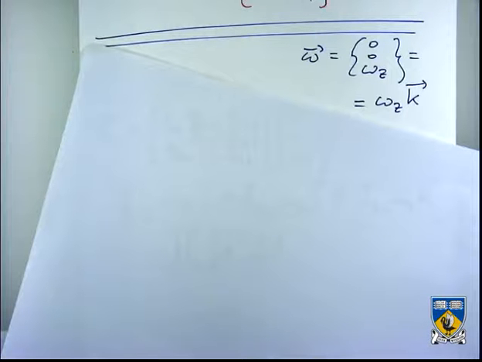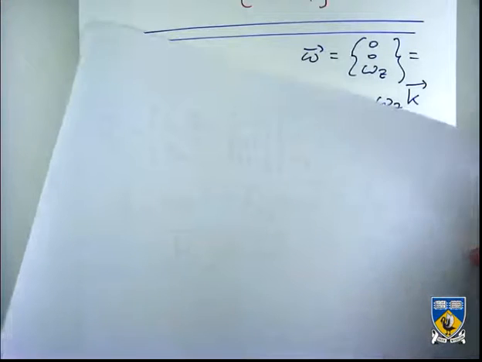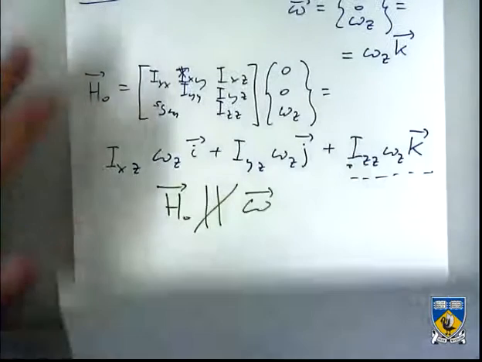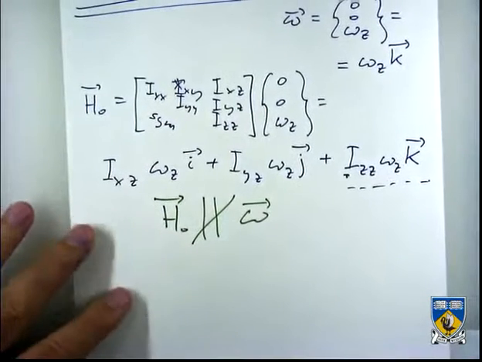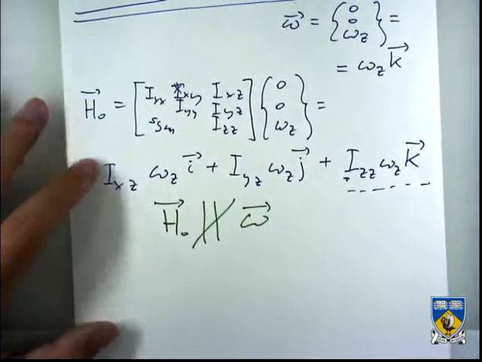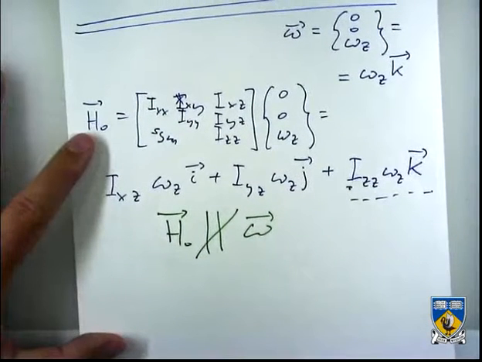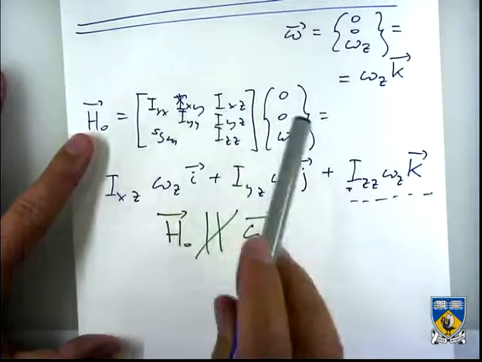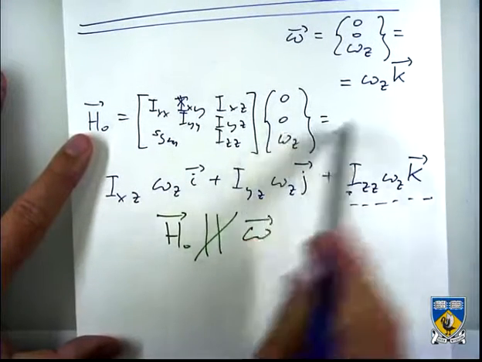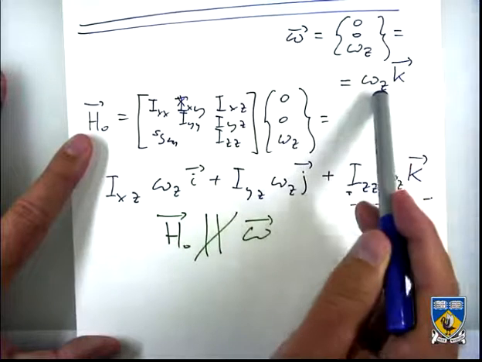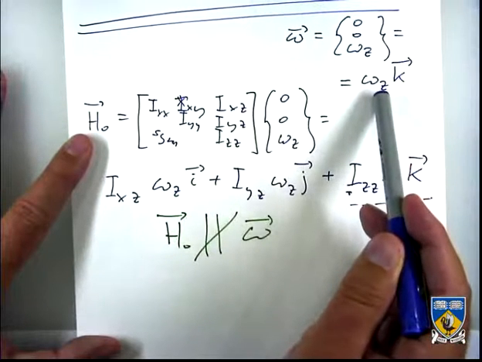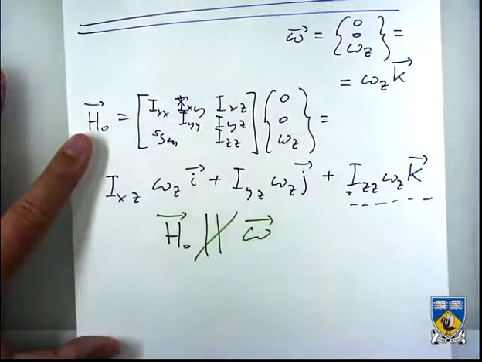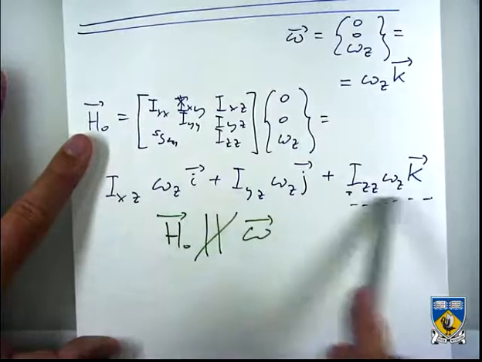But now we will be rotating the body which is not symmetric, but still around the fixed axis. So this is what we are getting. This is the equation for our angular momentum: inertia matrix times angular velocity, which is very simple because it's the fixed axis. And if we do the multiplication, we are getting this.